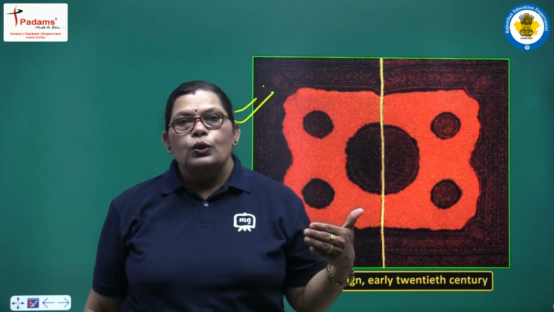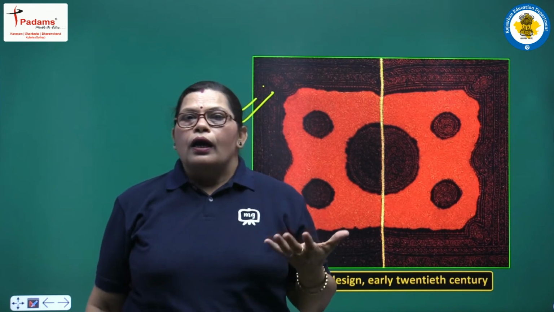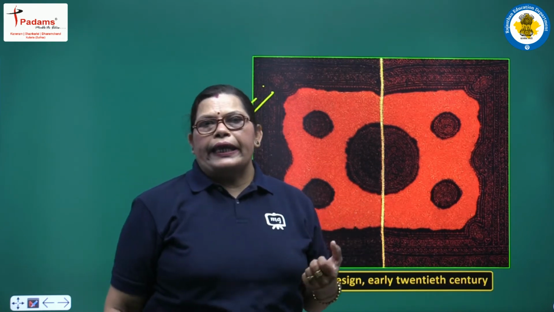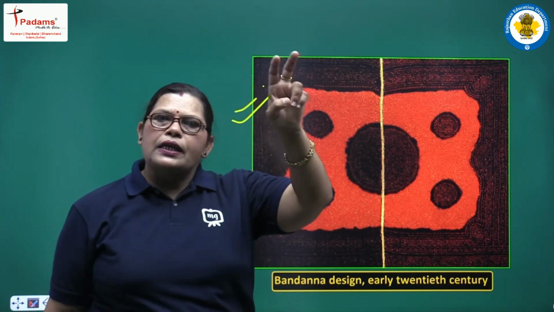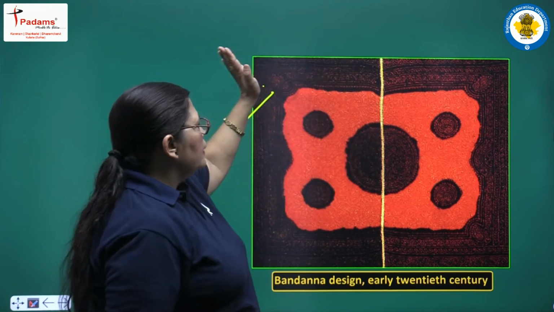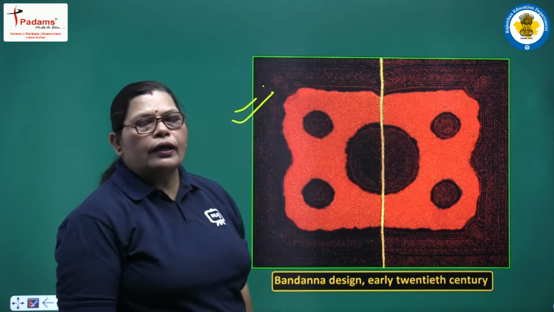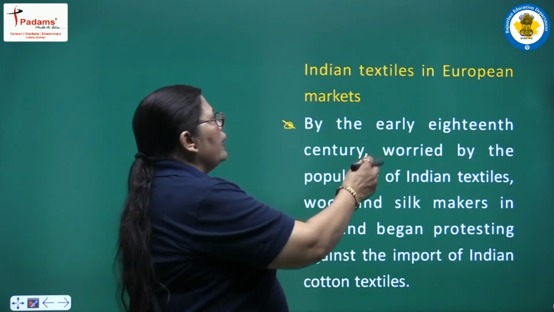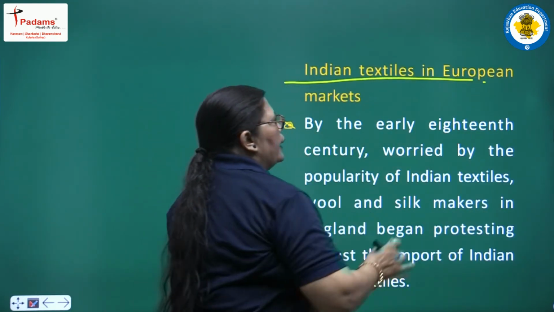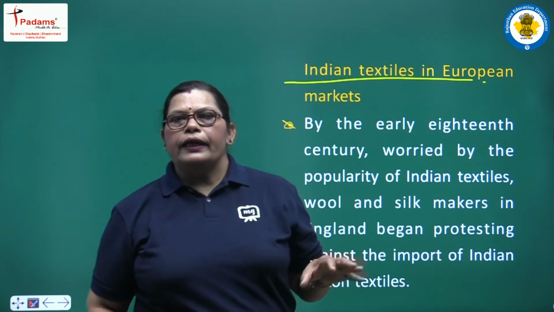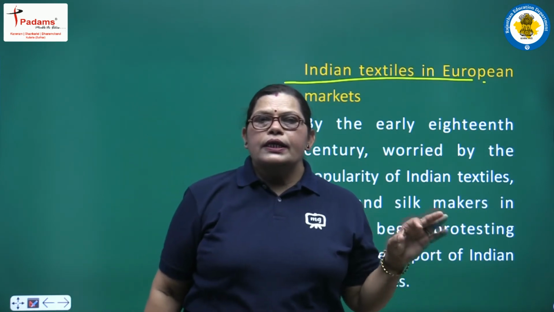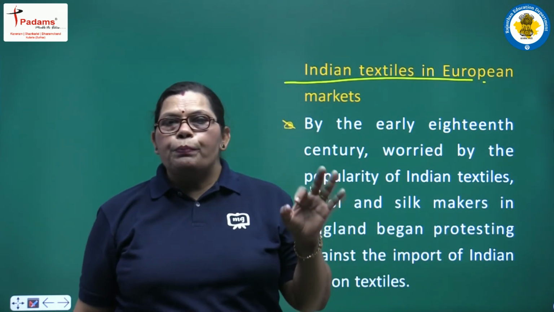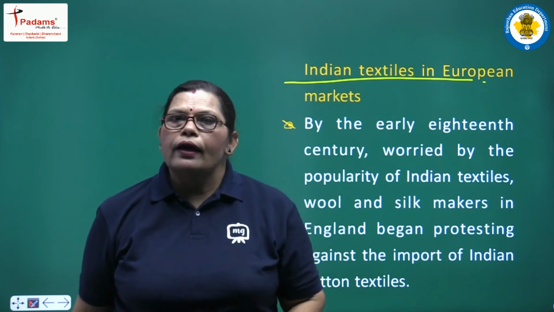So we had a big market of cotton textile, not only in India but also abroad. This is another picture of a bandhani design of the early 20th century. When we noticed all these things, we discussed that Indian textile was in great demand, at its peak all over the world.